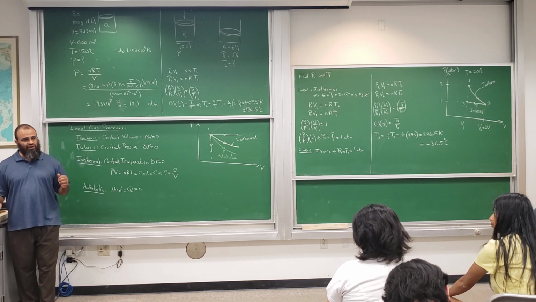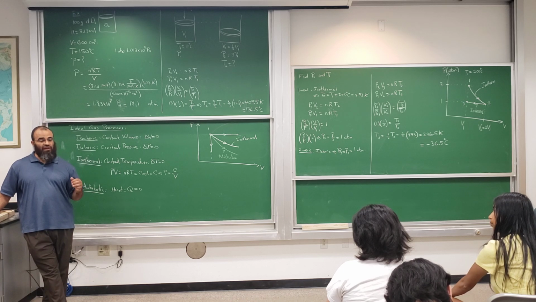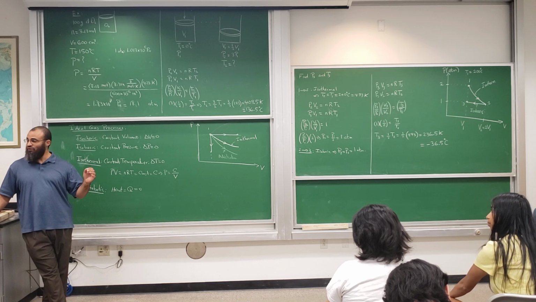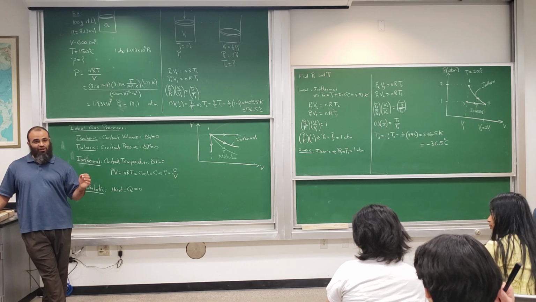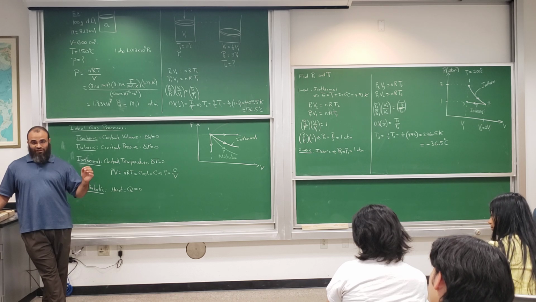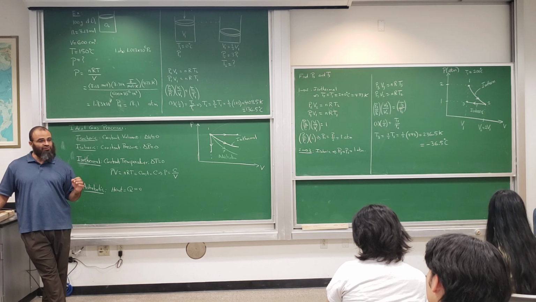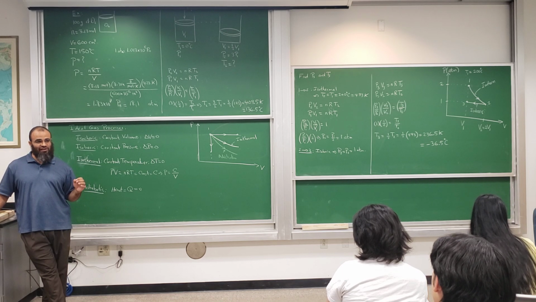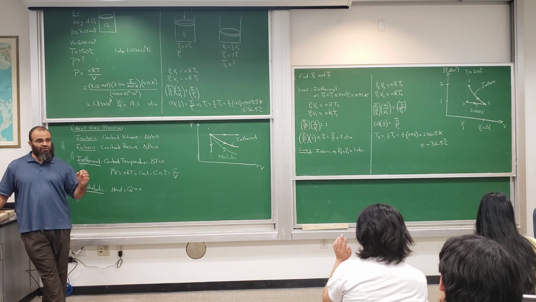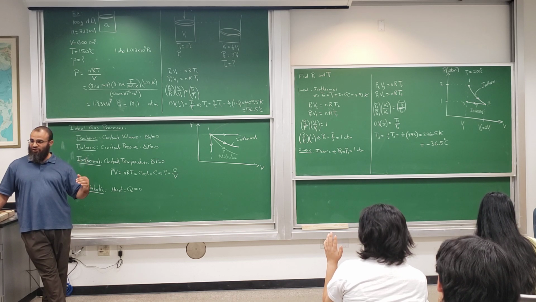And what's the minimum kinetic energy you can have for an object? 1/2 mv squared. The lowest is when v is 0, so you just have 0 kinetic energy. That corresponds to 0 temperature, at least in classical physics. So we would say there is a lowest temperature. It will be 0 Kelvin.